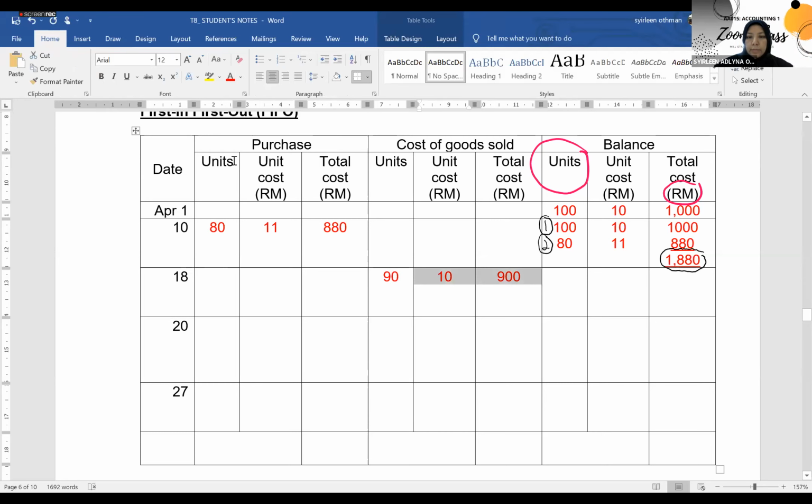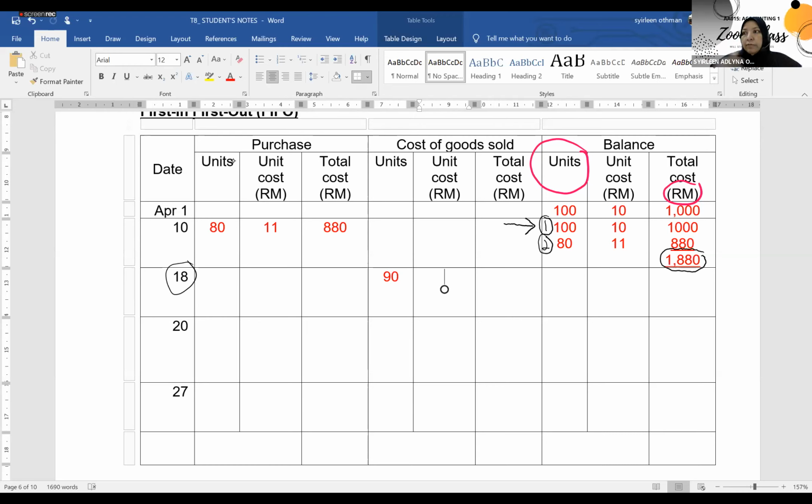Okay, I jual 90. Tengok betul-betul ha. So macam mana saya nak tahu berapa cost a unit? This is first in first out. So bila ada jualan pada 18 hari bulan, so madam akan ambil dari first batch of inventory. Saya akan ambil dari sini.